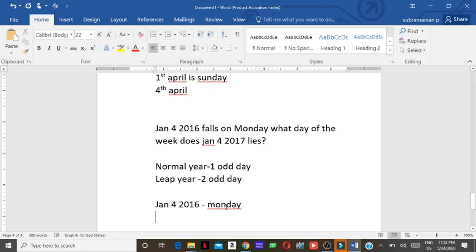You can easily say you have to add plus 2 because 2016 is a leap year. They asked for the same day, Jan 4, in 2017, so it is Wednesday. You can easily consider this and find the answer. The calendar is very easy. Two more sums. Thank you guys.